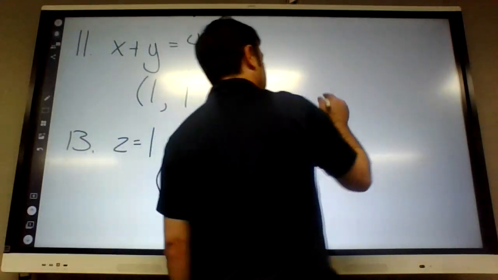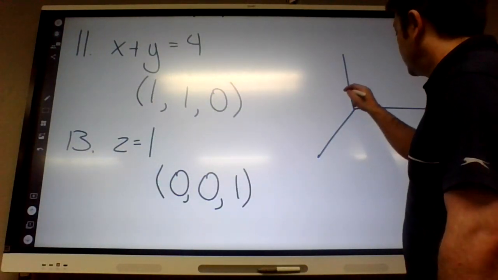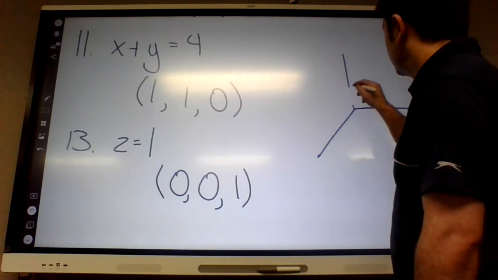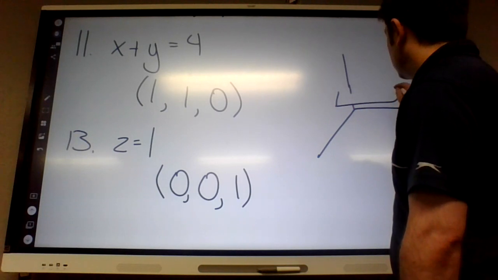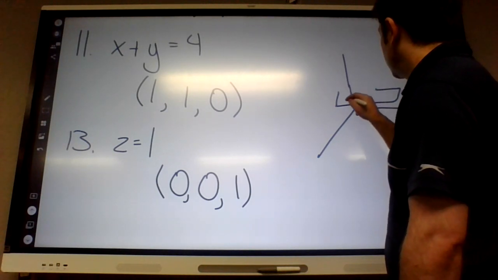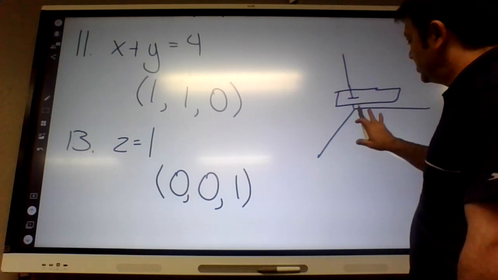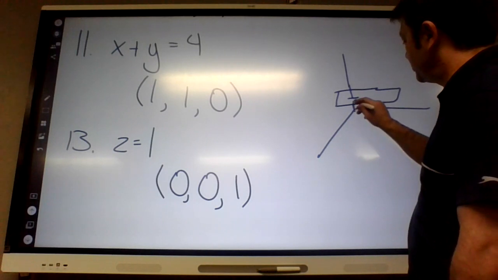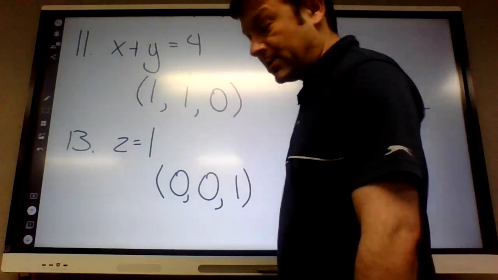If you think about the graph, it makes sense because that would just be going straight up, so it would definitely be a 90-degree angle.